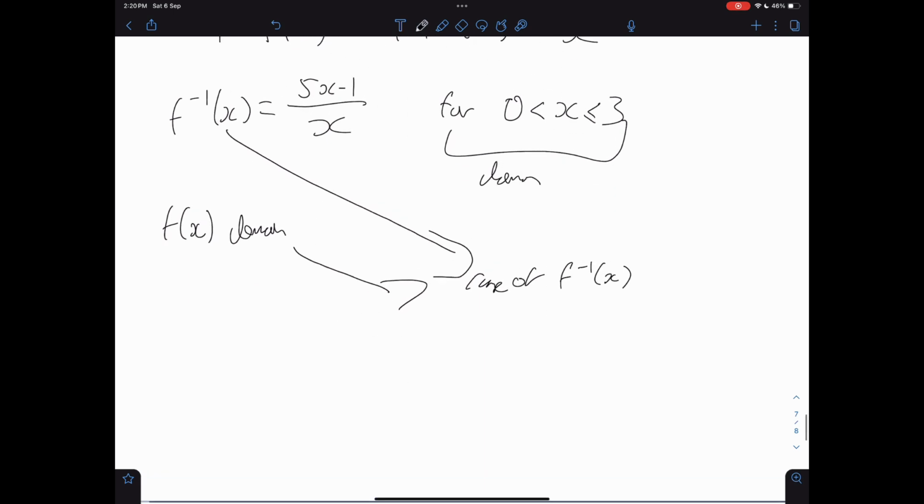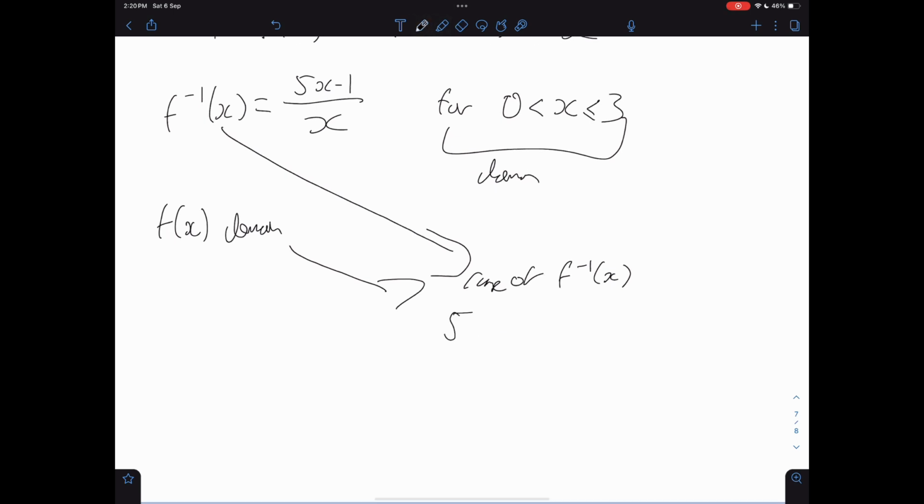So we figure this out. We start here: 5 times 0 minus 1 over 0. Oh, can't exist. That's infinity. And then we try this one: 5 times 3 minus 1 over 3. That's 14 over 3. And we know that as you keep making that one smaller, it'll only get bigger and it'll approach infinity.